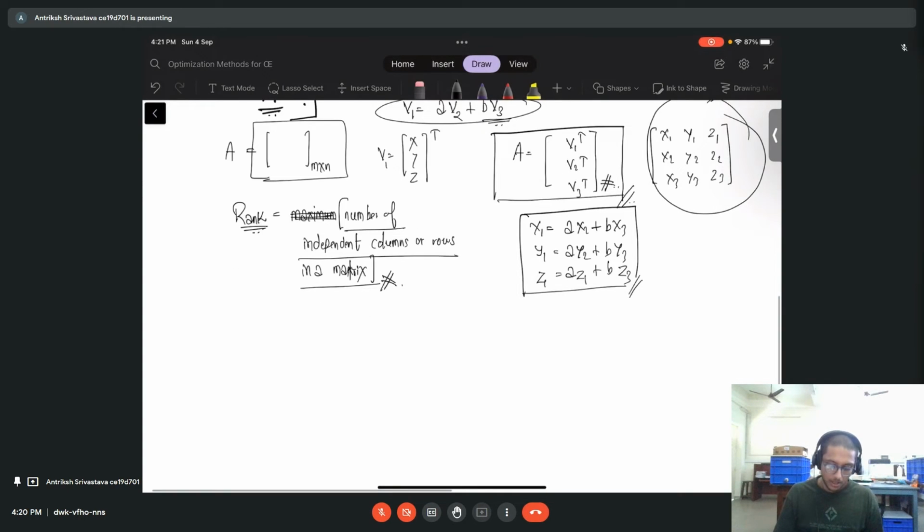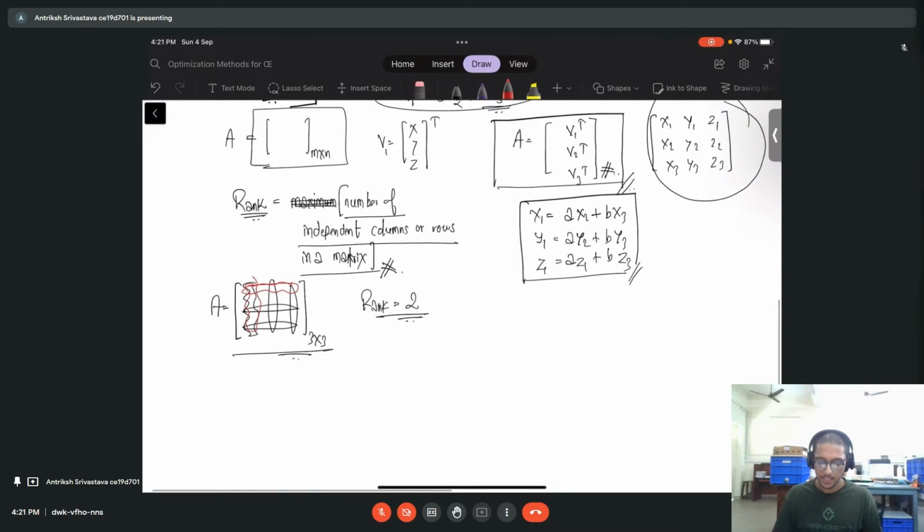So when we have a 3 by 3 matrix, and we say that in this particular matrix the rank is 2, that means only two of these rows or columns are independent, and the third one can be written in the form of the other two.